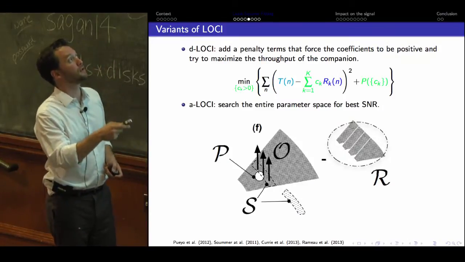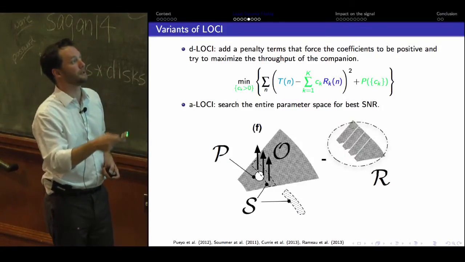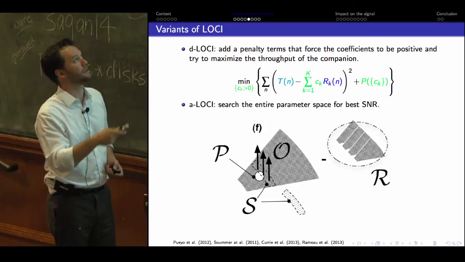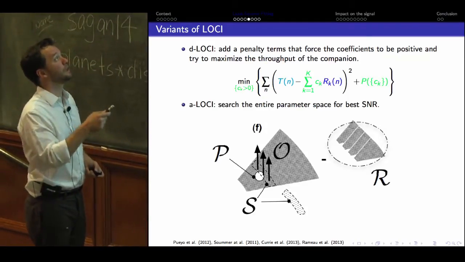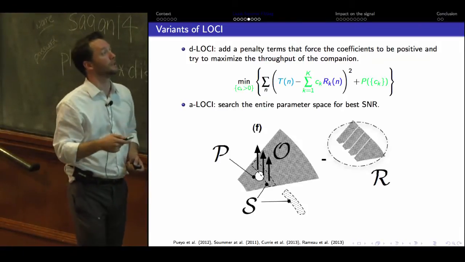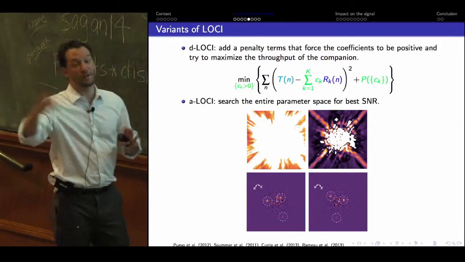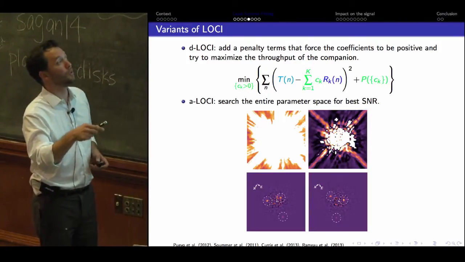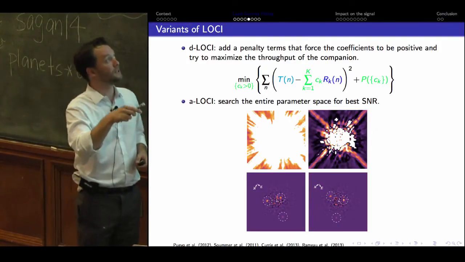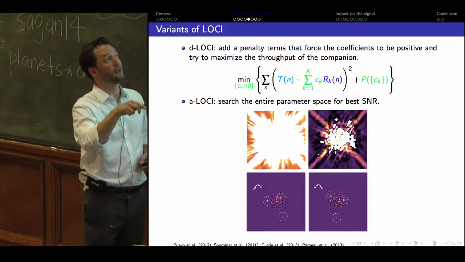There's some variants to that. Instead of solving the least squares problem, you can add a penalty term. That's something I showed, I think, in 2012, and I'm not going to get into detail. And then you can really do this A-LOCI stuff, this adaptive LOCI, where you're searching the entire parameter space. That's something we did for the NICMOS data with Rémi Soummer, where this is the raw Hubble NICMOS data.